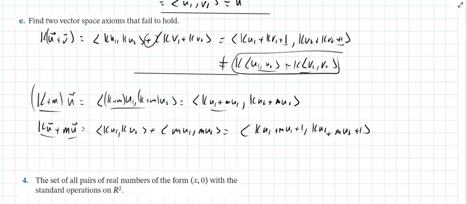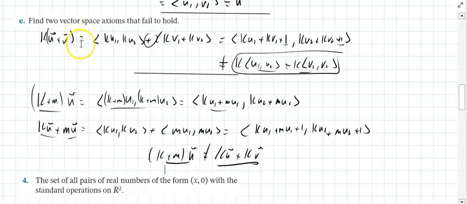And obviously those are not equal, so therefore k plus m u does not equal ku plus mu. Again, the addition and the scalar multiplication are not the same here, so this doesn't hold.